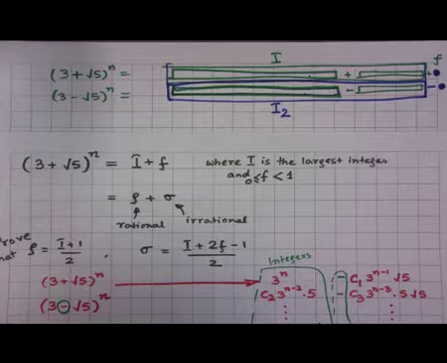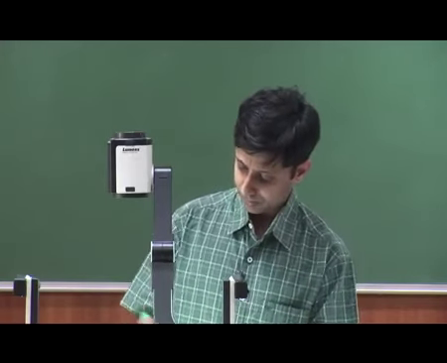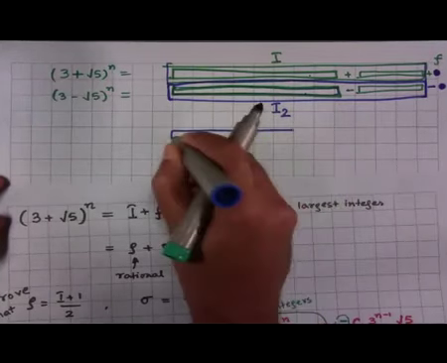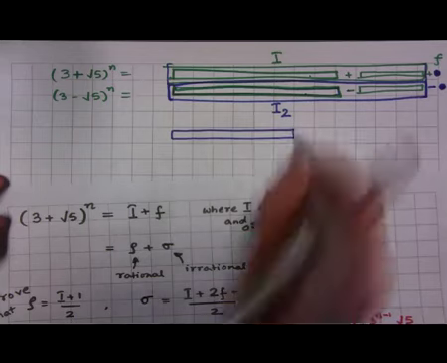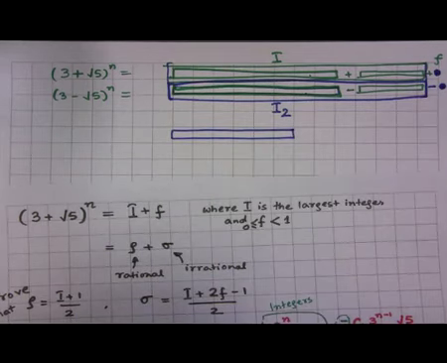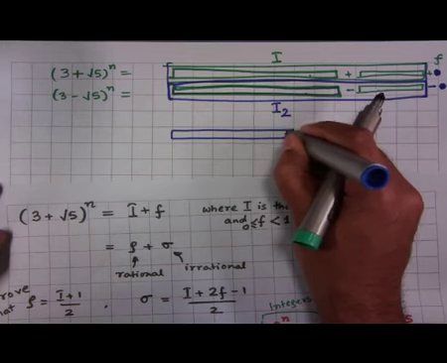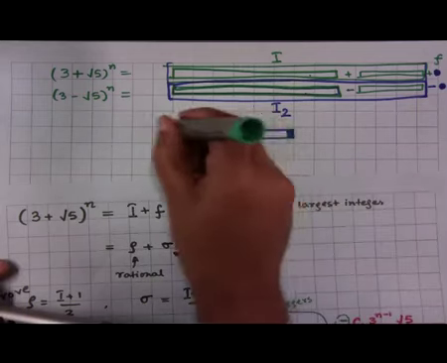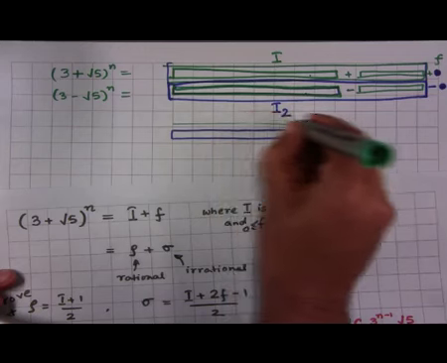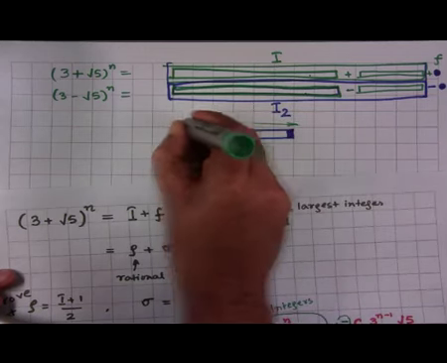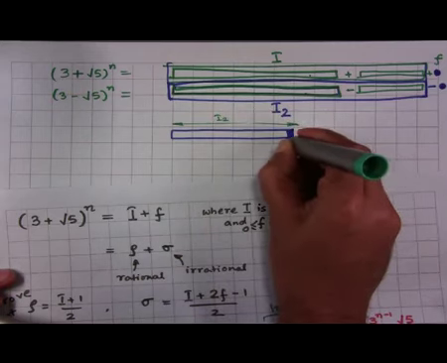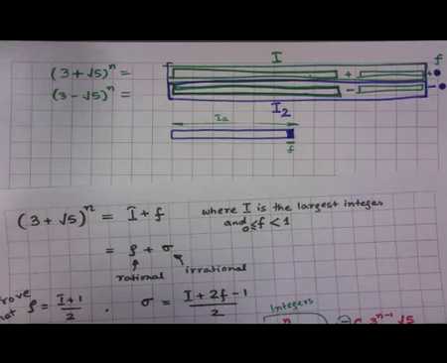Now, what is the fractional part of this? So, if I have an integer, this is my I 2 and I subtract out a fraction, then the fractional part of I 2 minus f, this is I 2, suppose this is I 2, and this is your f, all right.